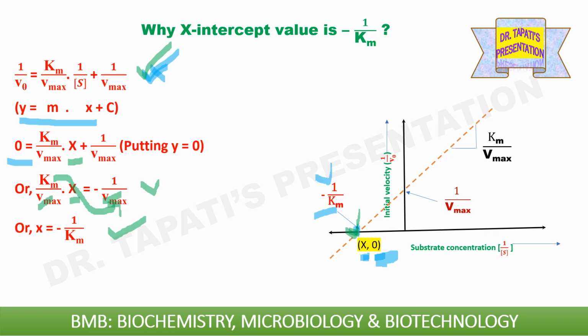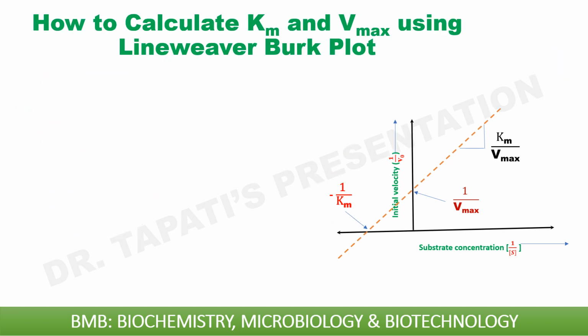So it is proved that the x-intercept value is minus 1 by Km. As I told you, the main purpose of linearization of the Michaelis-Menten equation is to calculate Km and Vmax values. Let's see how to calculate these two values using the Lineweaver-Burk plot.